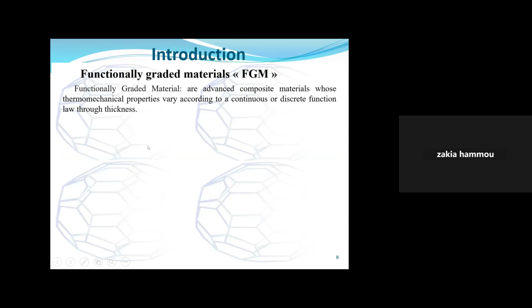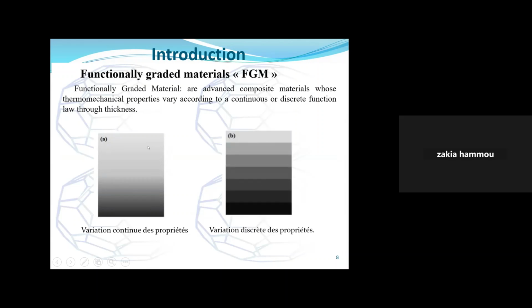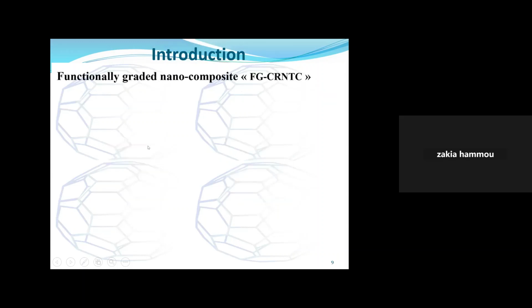Functional graded materials are advanced composite materials whose thermomechanical properties vary according to a continuous or discontinuous function law throughout the thickness. Thanks to the special structure of this material, it is possible to avoid stress concentration at the interface and to improve the mechanical and thermal properties of the parts by combining materials.